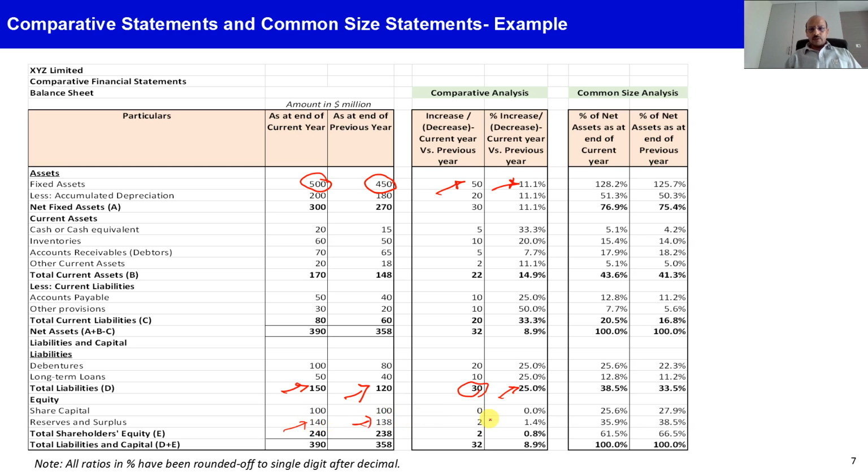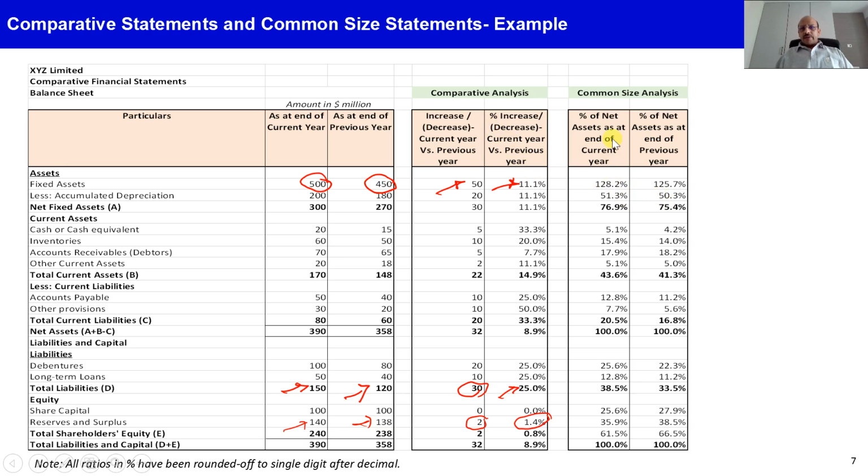So it shows an increase of only 2, which is 1.4%. While fixed assets have increased by 11%, the increase in reserves and surplus is only 1.4%, and liabilities have increased more in percentage terms. So that's how we analyze the comparative statements.